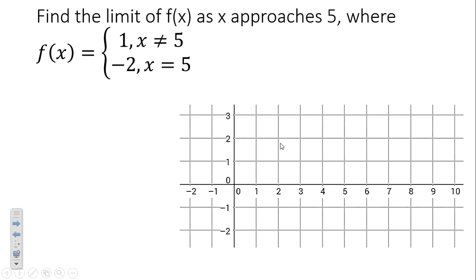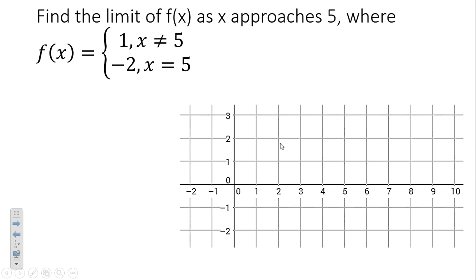All right, so here's our piecewise function that we saw back in chapter 1. And we want to graph it and figure out what the limit of f of x is as x approaches 5. So f of x equals 1 is a portion of our equation.